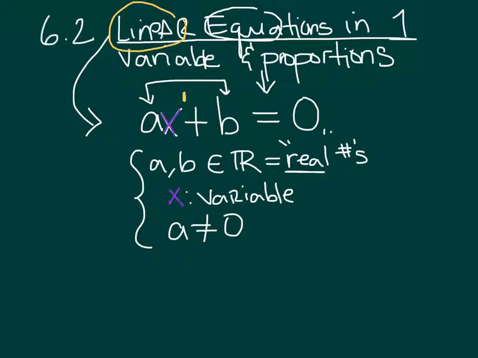If a is 0 and I substitute 0 for a, I get 0 times x, which is 0. So all this is gone, and I'm just left with b equals 0. Then I no longer have a linear equation because my variable is gone. So that's why a cannot be 0.